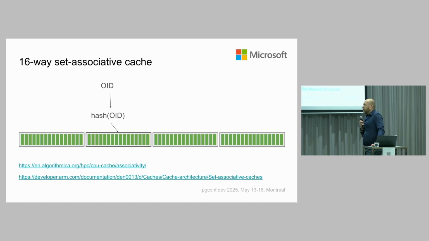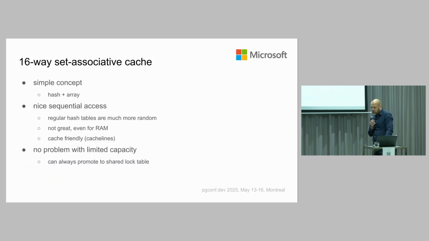So this is what we do for fast path locking now, right? Instead of having a single chunk of 16 entries, we have an arbitrary number of those 16-entry chunks. And it's a very simple concept. It has very nice sequential access, well, within the chunk.